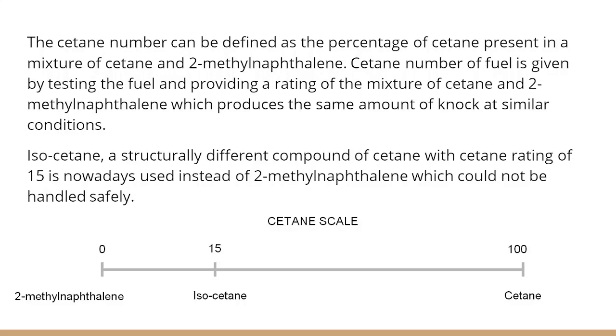The cetane number of a fuel is given by testing the fuel and providing a rating of the mixture of cetane and 2-methylnaphthalene which produces the same amount of knock at similar conditions. Iso-cetane, a structurally different compound with a cetane rating of 15, is nowadays used instead of 2-methylnaphthalene, which could not be handled safely. As we can see on the cetane scale, iso-cetane lies at the value of 15.